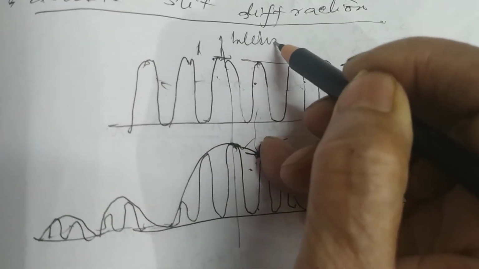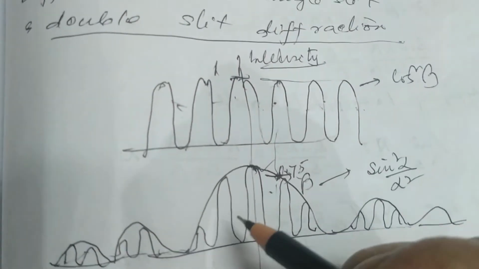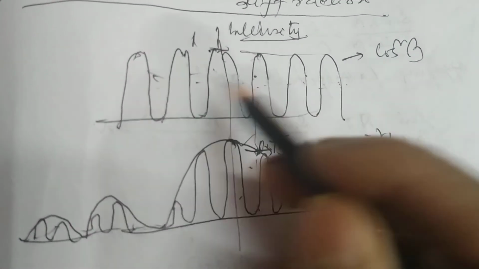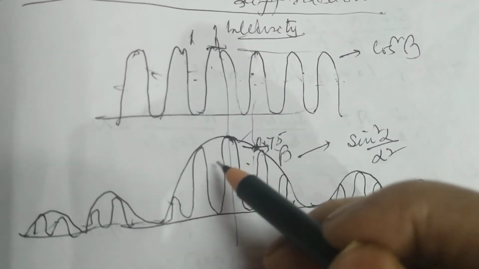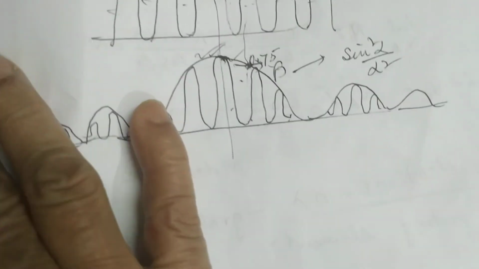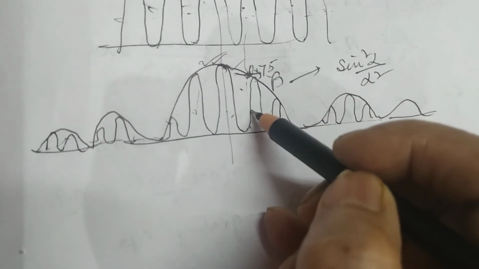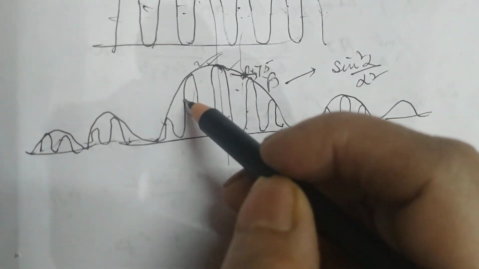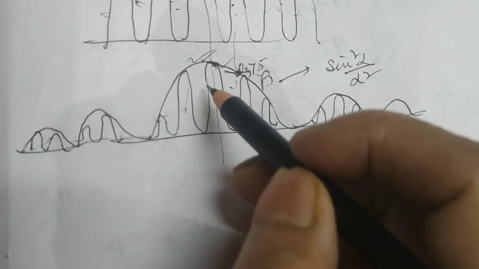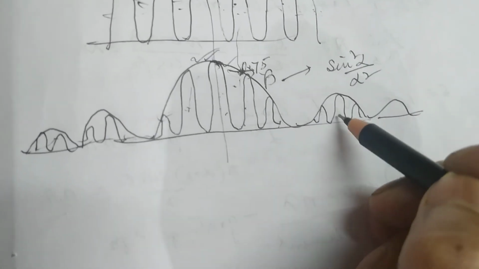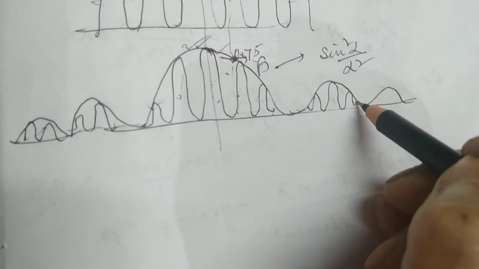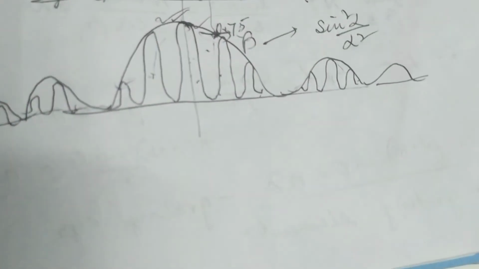This is the interference term, but since there is diffraction also, finally the intensity will not be equal, it will be modulated by this graph. So its value will get reduced and I will see these interference fringes, but I will see that their intensity is varying. That means here there are some bright fringes with reducing intensity. Again I will see some set of interference fringes, but their intensity is much less and it is modulated by the diffraction curve.